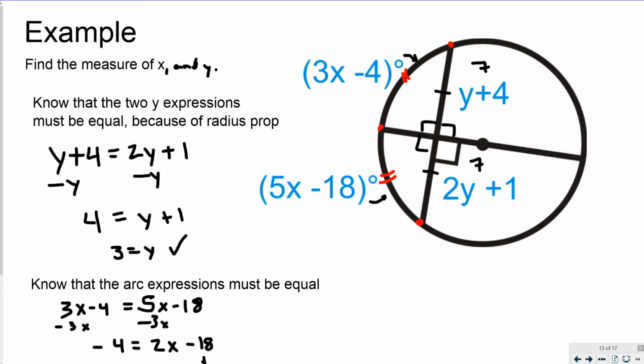So I'll add 18 to both sides, and I get 14 equals 2x. So x equals 7. So if I plug 7 in, 35 minus 18 is 17 degrees, and 3 times 7 is 21, minus 4 is 17 degrees as well. So that would be how you apply perpendicular bisector and radius bisector properties.